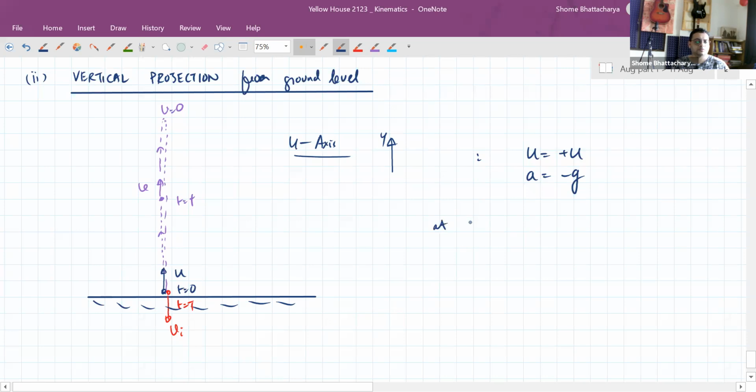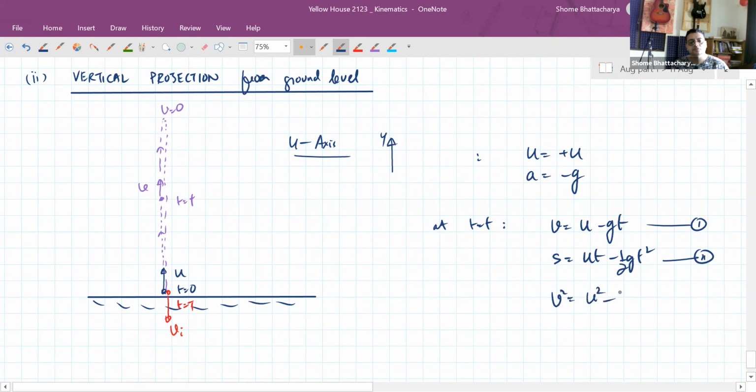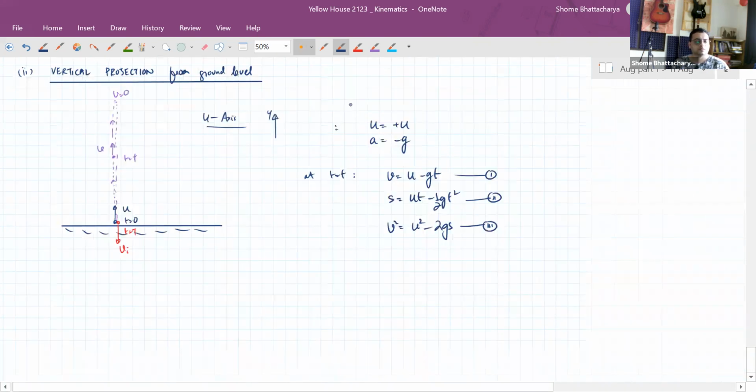So at some time t, v will be u minus gt, s will be ut minus half gt square, and v square will be equal to u square minus 2gs.